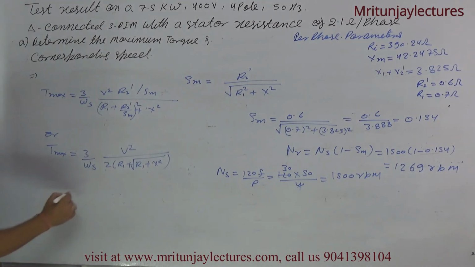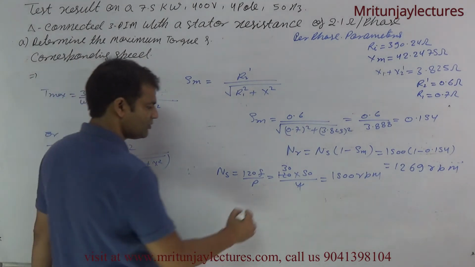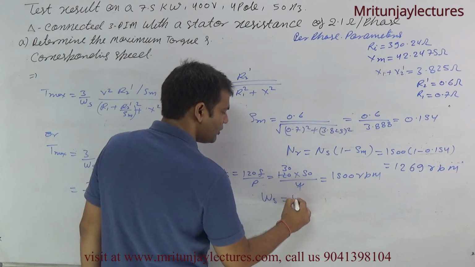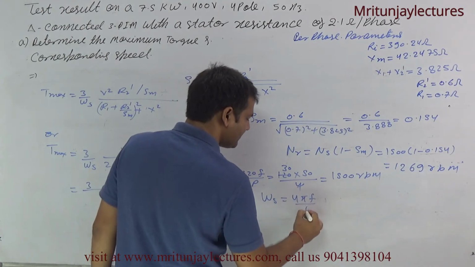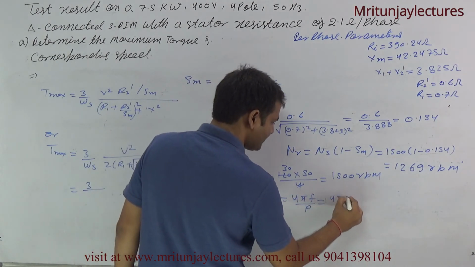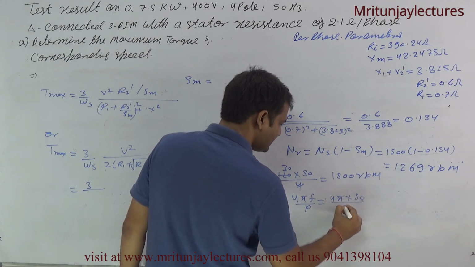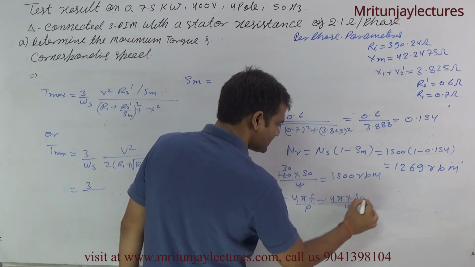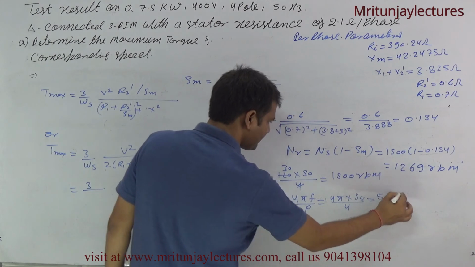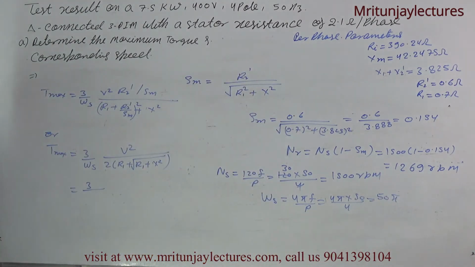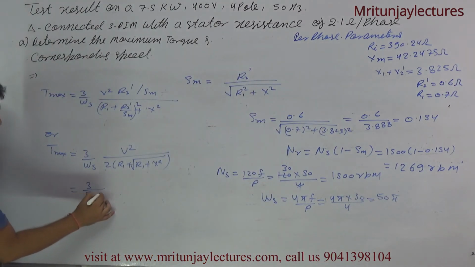Okay, now putting the values. Our next target is to determine omega s. Omega s is written as 4 pi f divided by p. 4 pi f is 50 hertz and p is 4 pole, so that is 50 pi.